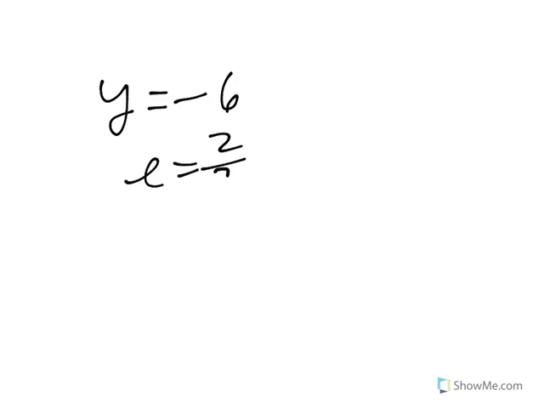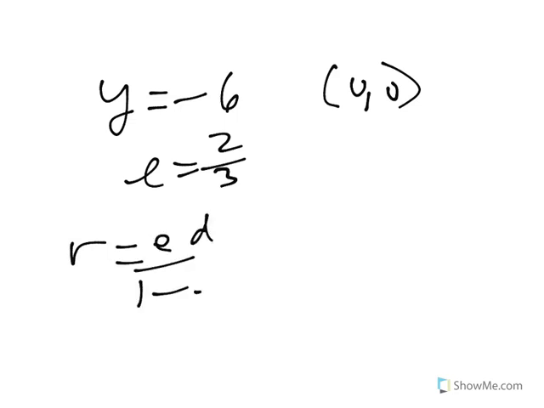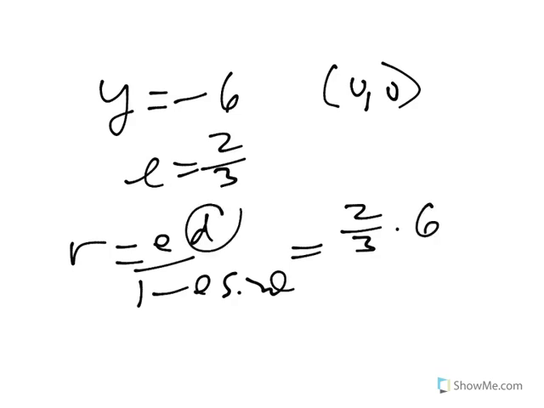So I could jump now straight to the answer from before. Remember before, eccentricity is 2/3, focus at 0, 0. I can now jump right to the equation. r equals E d over 1 minus E sine theta equals 2/3 times 6. D is the distance from the focus, from the x-axis.